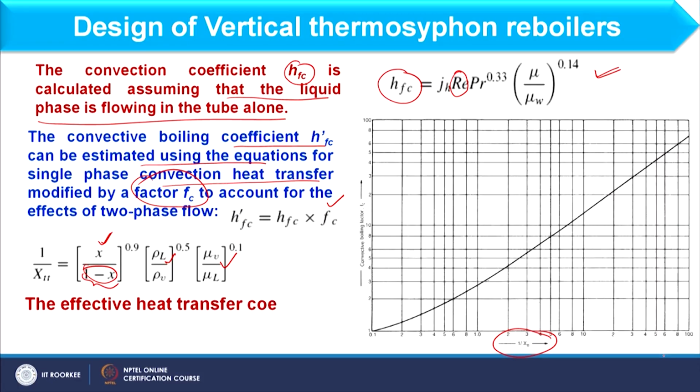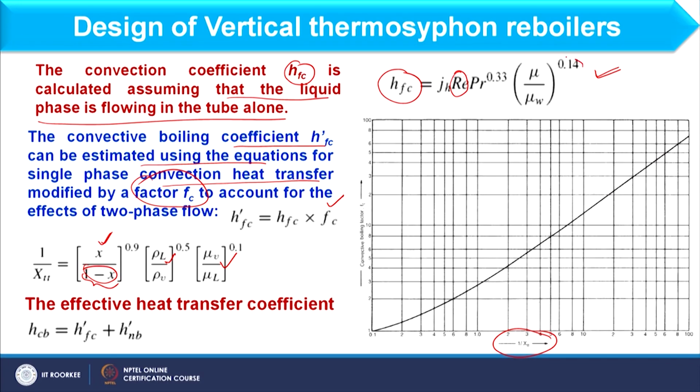So, the effective heat transfer coefficient when the mixture is exiting the reboiler should be equal to h_FC dash plus h_NB dash. Okay. So, that heat transfer coefficient is available at the exit. Okay. Now, what will happen when the fluid is entering the reboiler? Fine. In that case, the complete feed is available in liquid form, and there only convective heat transfer will take place.